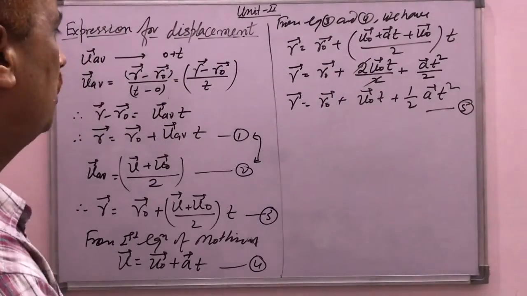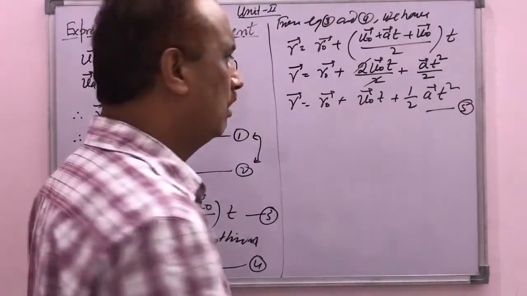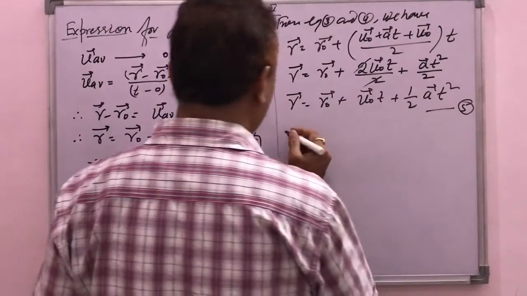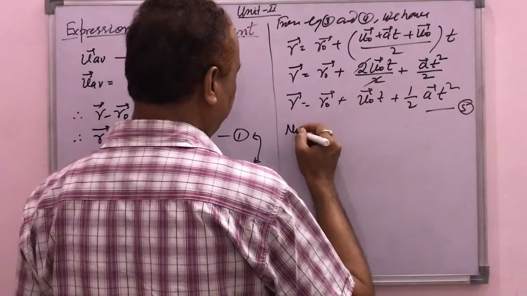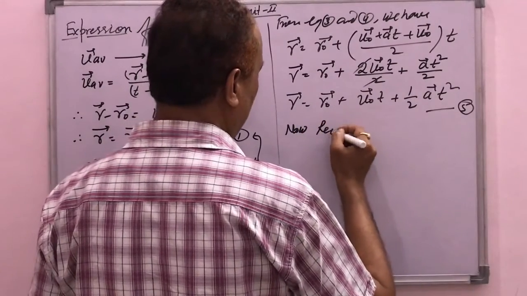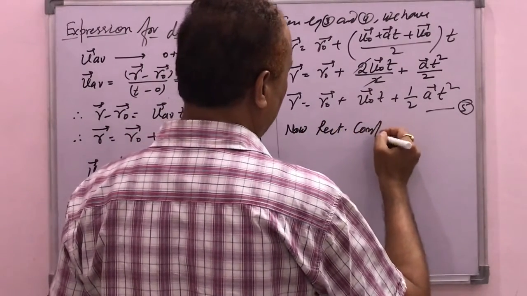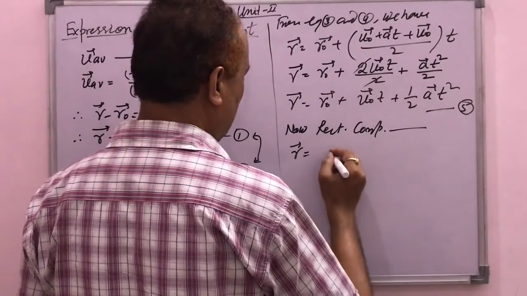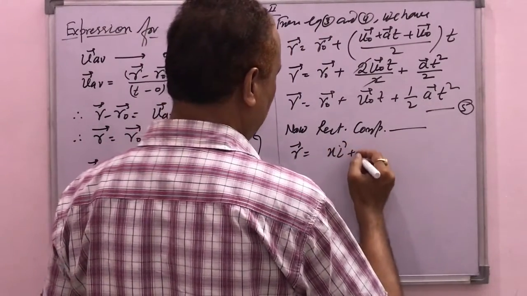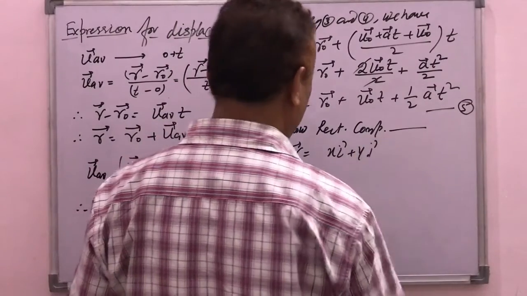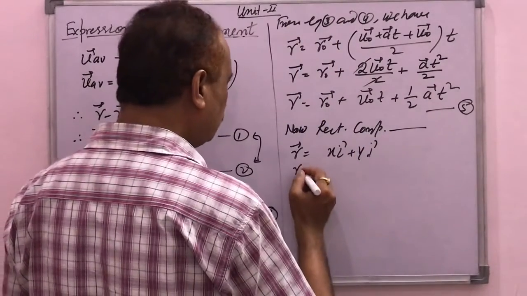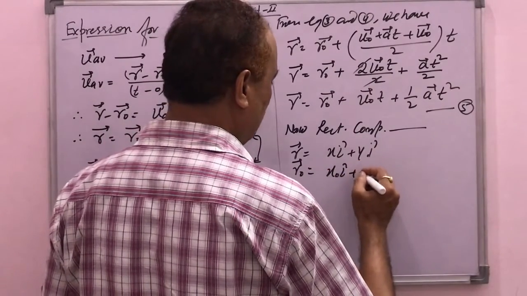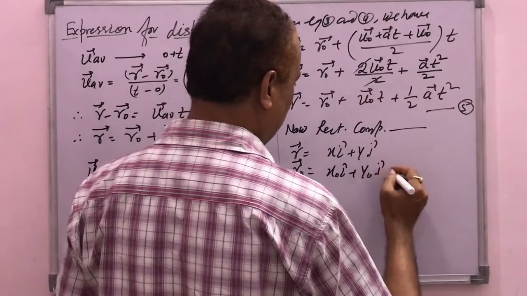Now in equation number 5 we have to use the rectangular components of R naught, V naught and a. So we write the rectangular components. R vector is equal to x i vector plus y j vector. Similarly, R naught vector equal to x naught i vector plus y naught j vector.